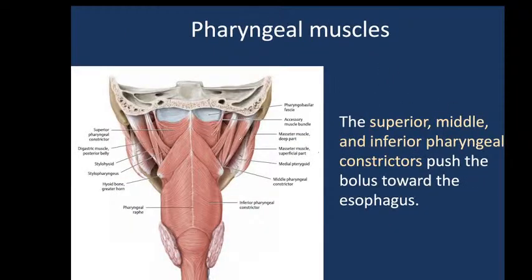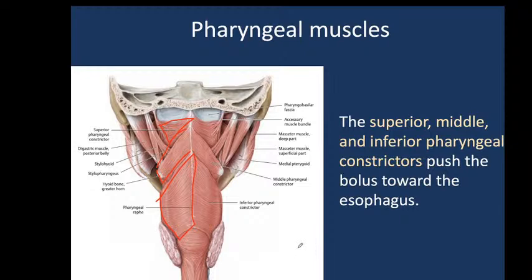Pharynx muscles visible here are the constrictors. They narrow the pharynx and help to push the bolus towards the esophagus. It is visible the superior constrictor, the middle constrictor is here, and the inferior constrictor is here.